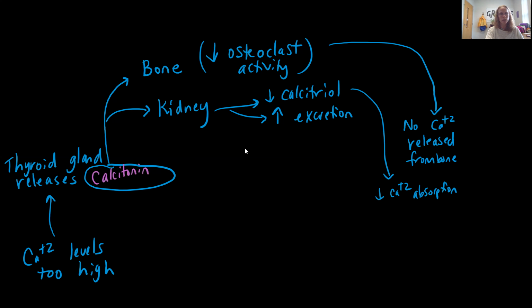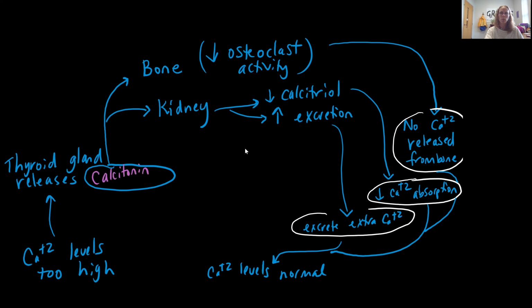So you could keep on eating that ice cream cone, but that calcium is just going to move on through the body rather than move into the bloodstream. And then, of course, if you are increasing your excretion, then you're excreting that extra calcium in the urine. When we have all three of these activities happening together, that is going to be enough to return your calcium levels to normal. So now we're back to our homeostatic normal.